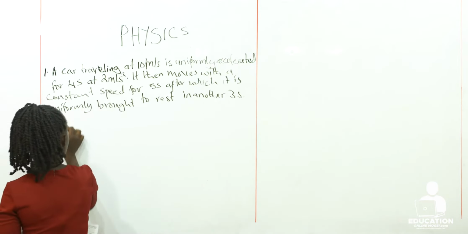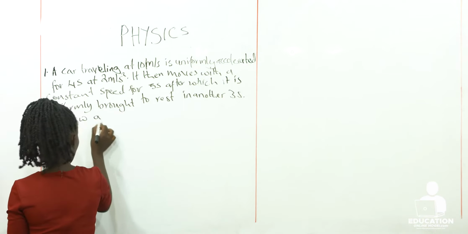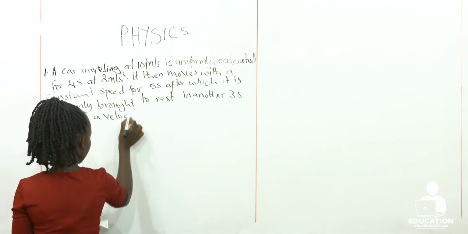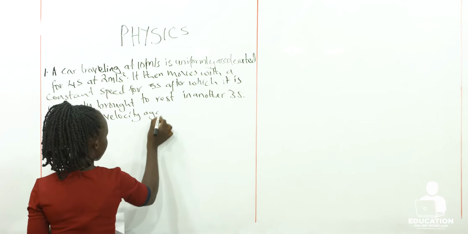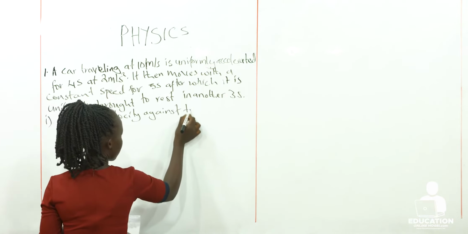Roman numeral 1 is telling us to draw a velocity against time graph.